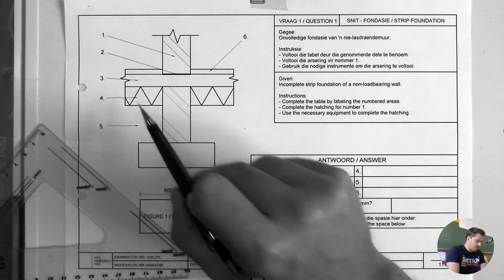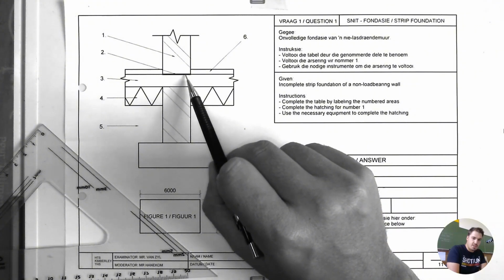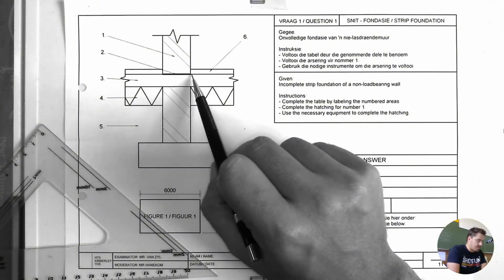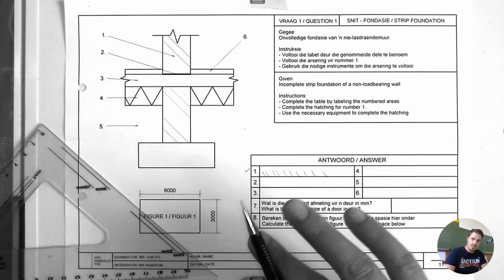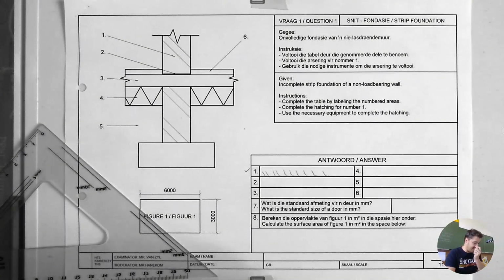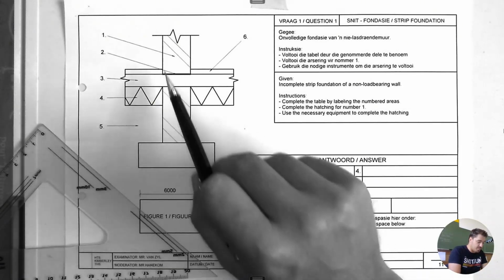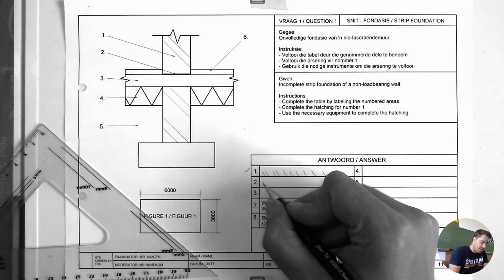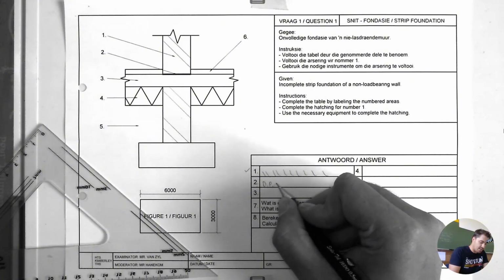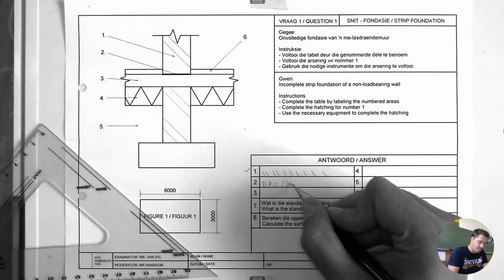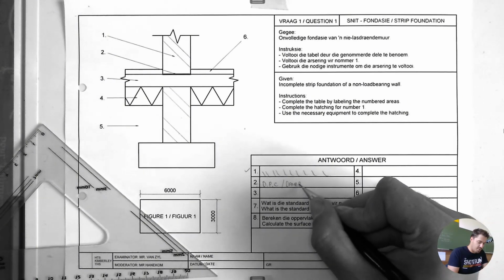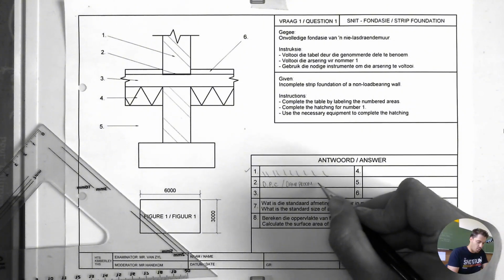Number 2 points to this part here. On analytical you can use abbreviations or you can write it out, and both should be fine, unless they specify the abbreviation or the full wording of something. Here they don't, which means this can be the DPC. It can also be the damp proof course.